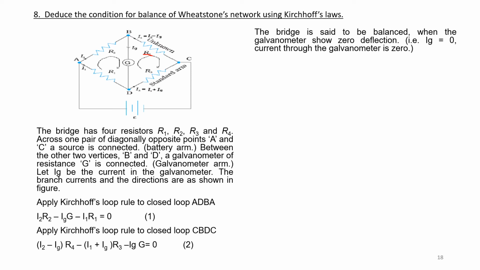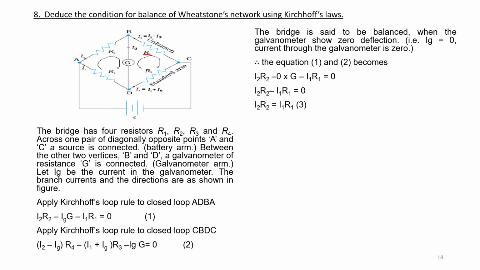The bridge is said to be balanced when the galvanometer shows zero deflection. So when we vary the standard resistance and make Ig equal to 0, the bridge is in balance condition. Equations 1 and 2 become, when Ig is 0: I2 R2 minus I1 R1 equals 0, or I2 R2 is equal to I1 R1.